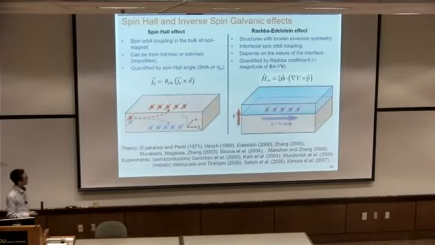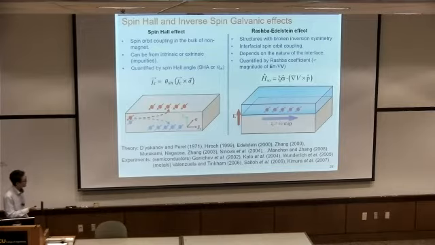This behavior was first discussed by Professor Dyakonov in 1971, and like a typical big discovery, nobody paid attention for a long time until 1999, when Hirsch revisited this phenomenon, and then it was extensively discussed by many other scientists and engineers.